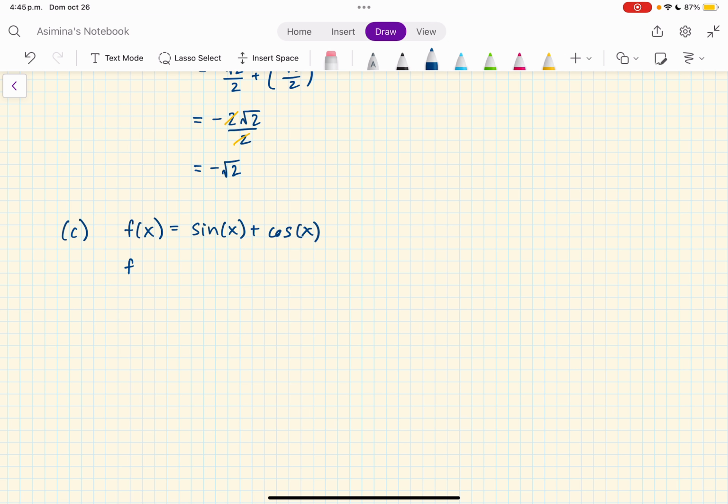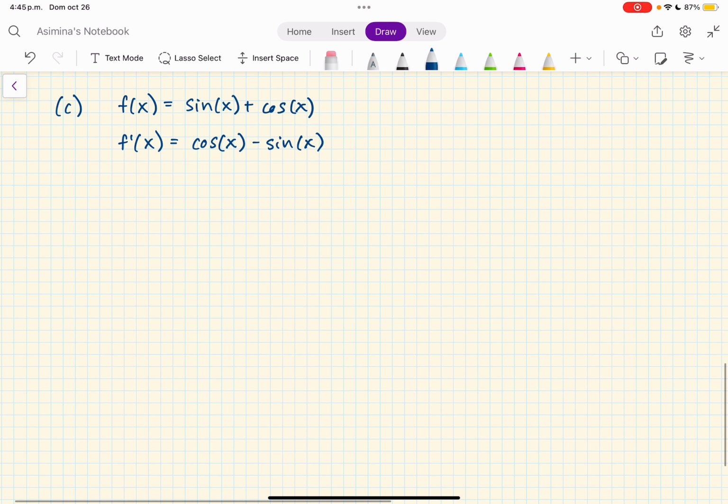We already computed the first derivative, which we said was cosine of x minus sine of x. Now we want to take the second derivative. So that's going to be the derivative of cosine, which is minus sine of x, minus the derivative of sine, which is cosine of x.